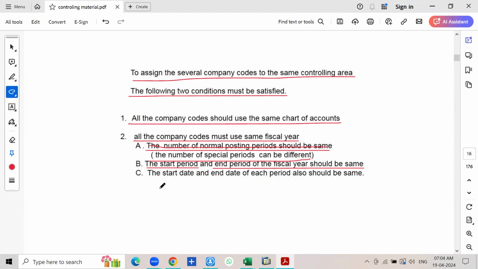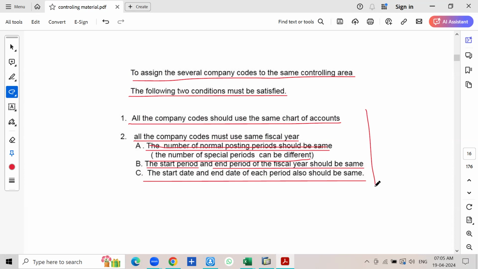Whatever fiscal year is used by the several company codes, they should start with the same month and end with the same month. Then the start date and the end date of each period also should be same. Unless these conditions are satisfied, we cannot use cross-company code cost accounting. In that case, for each company code, we have to define a separate controlling area.